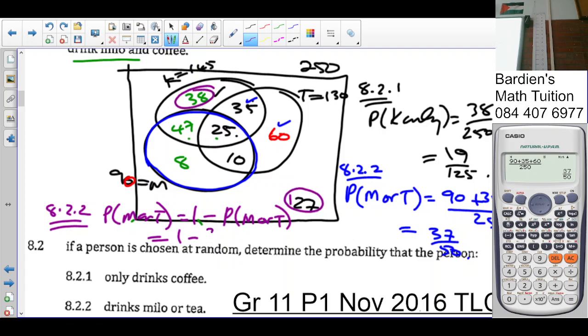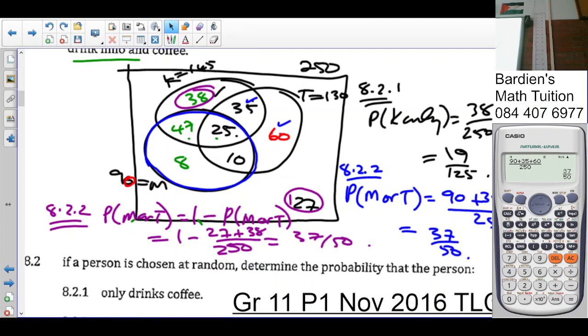So it's 27 plus 38 over 250 gives you 37 over 50. Okay. It's going to become very useful if you know how that complementary event actually works as you are applying it. Okay. See, later on in more papers it comes up more often. Okay.